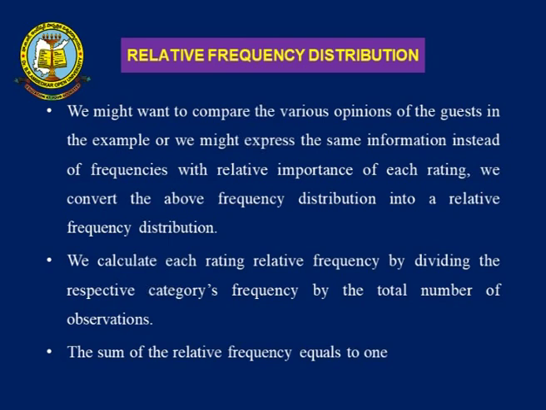We convert the above frequency distribution into relative frequency distribution. We calculate relative frequency by dividing the respective category frequencies by the total number of observations. The sum of relative frequencies is always equal to 1.